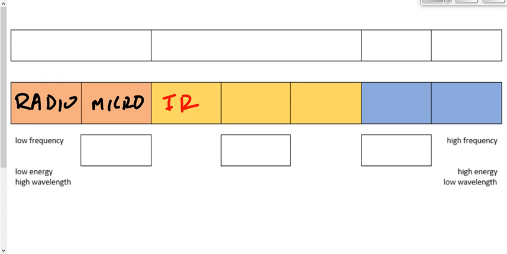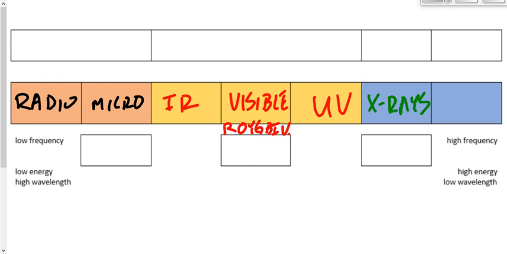So, of course, right above infrared we'll go red, which is a component of visible light. Roy G. Biv. What's above violet? Ultraviolet. And above ultraviolet would be X-rays. And then, of course, at the end, we've got gamma rays.